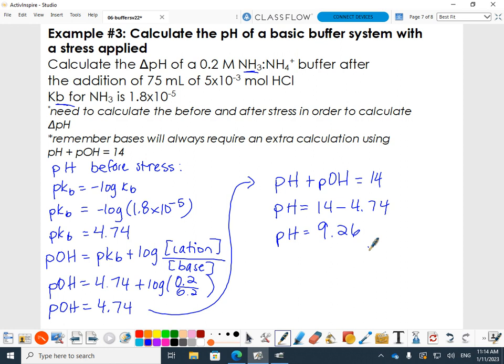You have to do very little sort of thinking. That's not a 6, sorry. So again, when you get your answer and you're like, wait a minute, pOH is 4.74, it's a base. That doesn't make sense. Remember, bases always have the extra calculation.